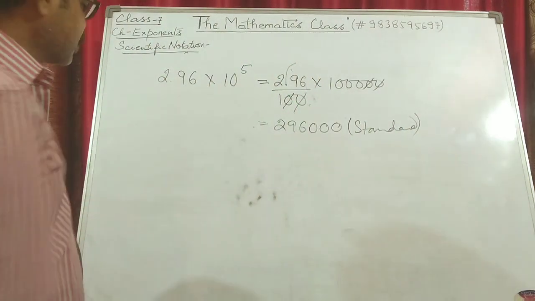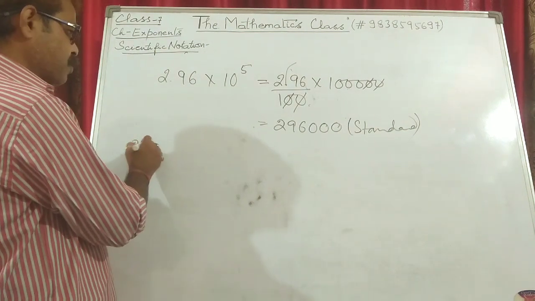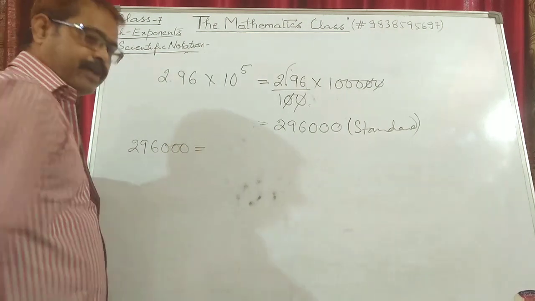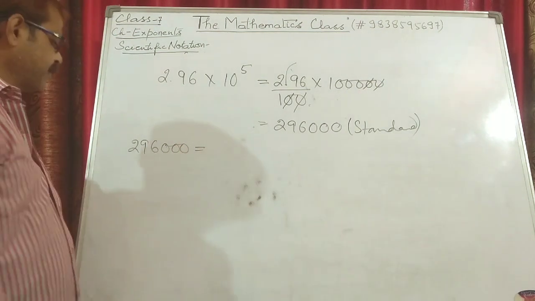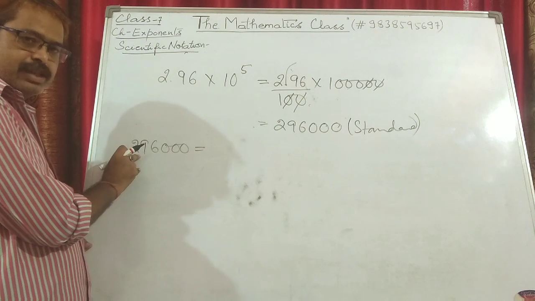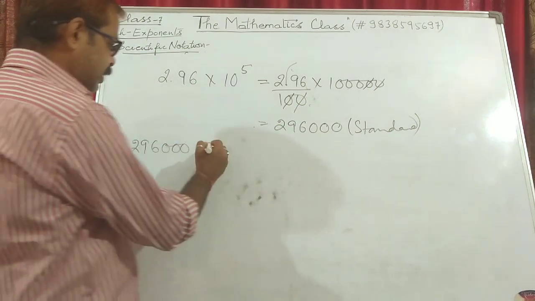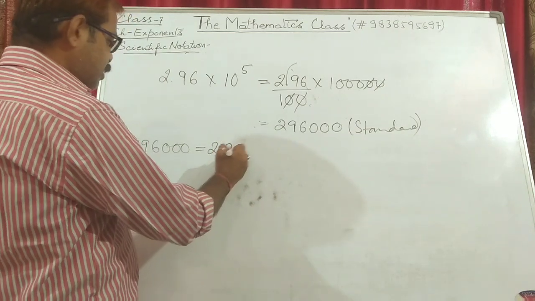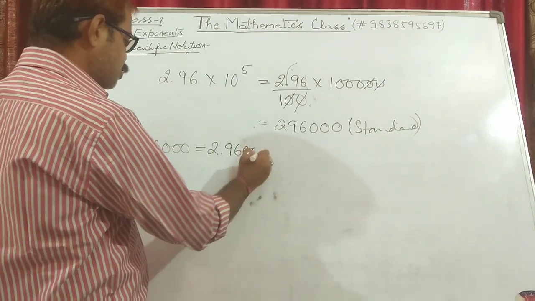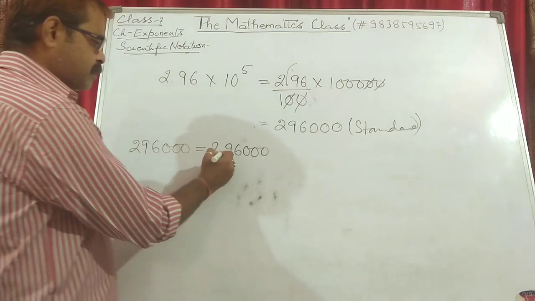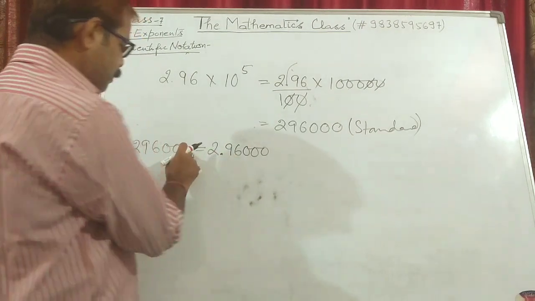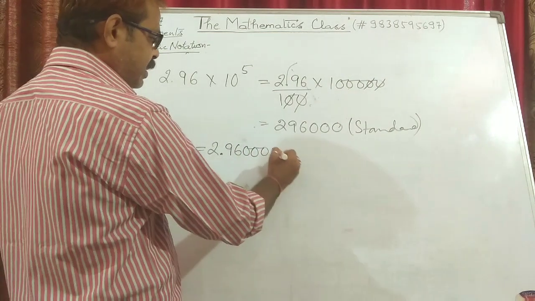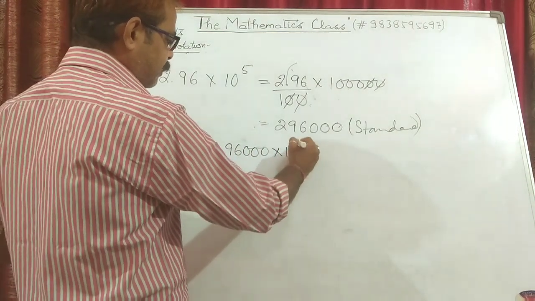If you want to cross check, you can write 296,000 in scientific form. What do we do in scientific form? We place the decimal after the first digit, that is 2.96. The decimal has been shifted 1, 2, 3, 4, 5 places, so it will be into 10 to the power 5.